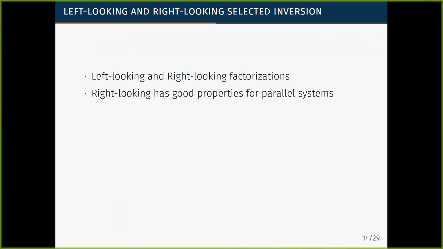As you probably all know, there are many ways to perform a factorization, and the most well-known are left-looking and right-looking. Right-looking has good properties for parallel systems. So we were wondering whether there was a similar thing for selected inversion.